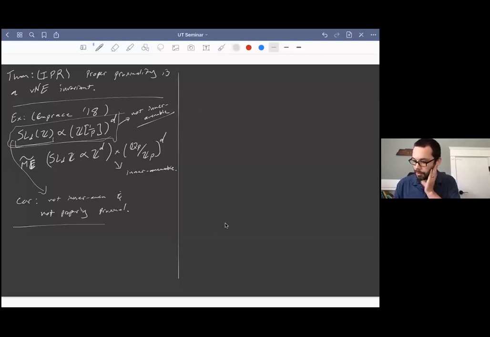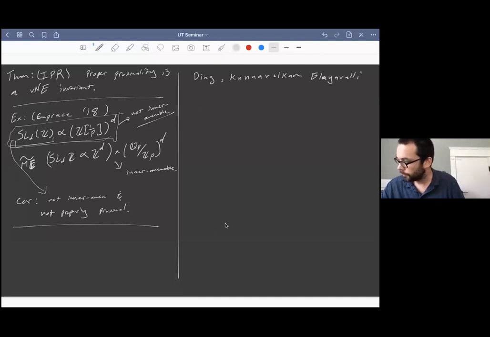Then let me just finish by mentioning that, of course, this shows in particular that proper proximality is a W-star invariant. And so there should be some notion of what it means for a von Neumann algebra to be properly proximal. I should say that's joint work with Cheng Ding and Srivatsav Kunnawalkam Elayavalli.